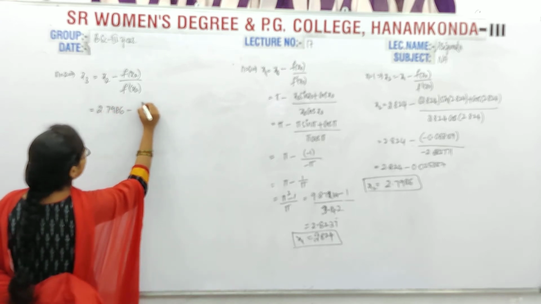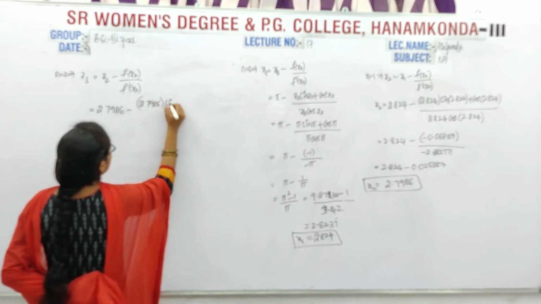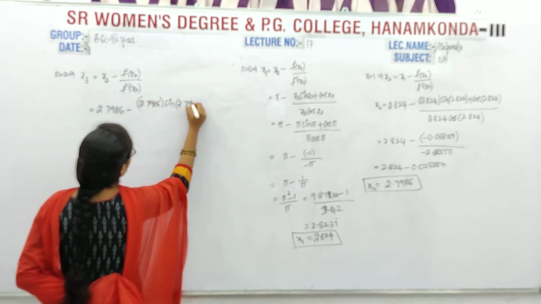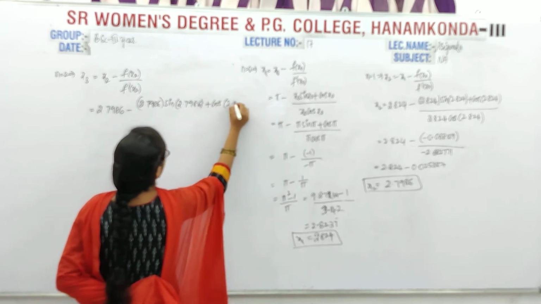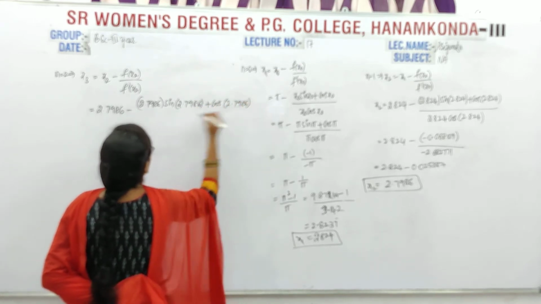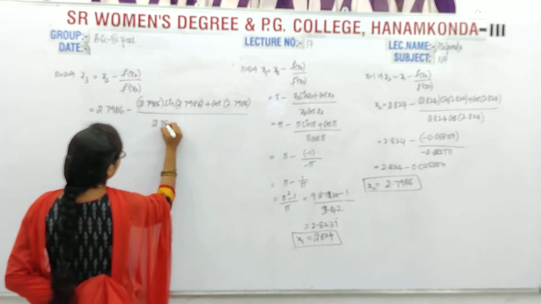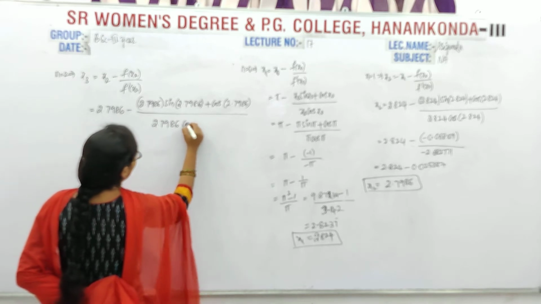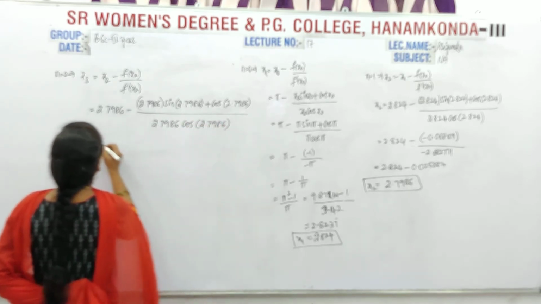Minus x sin x plus cos x, divided by x into cos of 2.7986.